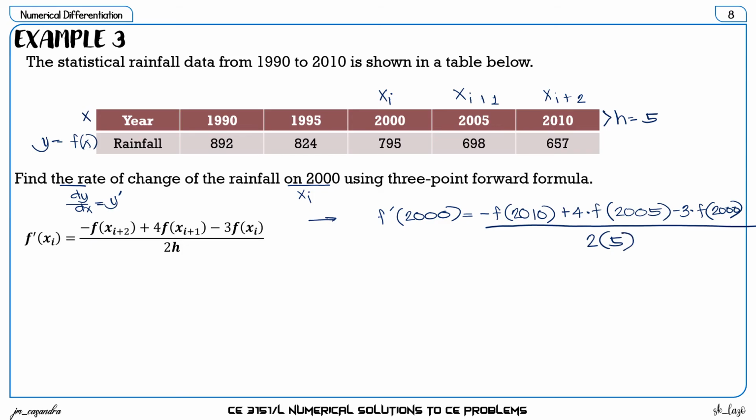Substituting, f prime of the year 2000 is equal to negative the function of 2010, which is 657, plus 4 times the function of 2005, 698, minus 3 times the function of year 2000.